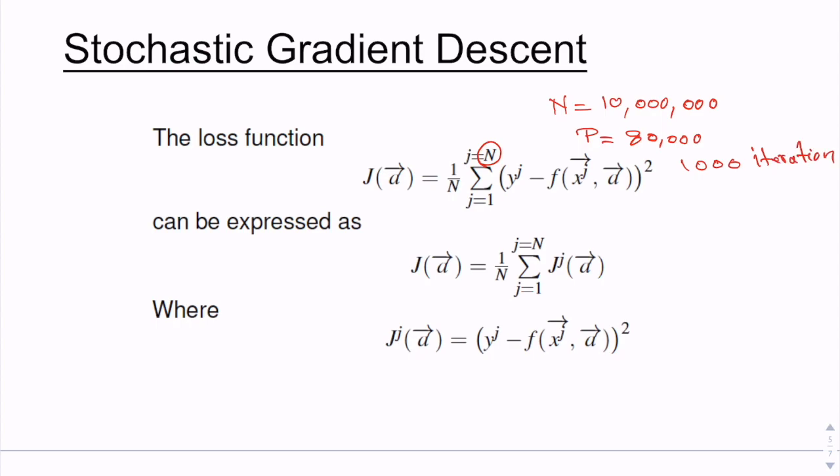For each parameter, you need to do 1,000 iterations and also the sum over 10 million samples. The entire computation is then 1,000 times 80,000 parameters times 10 million. You see, this is a very big number in terms of complexity.